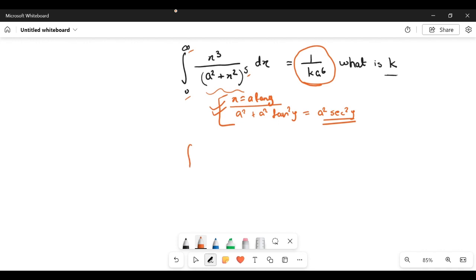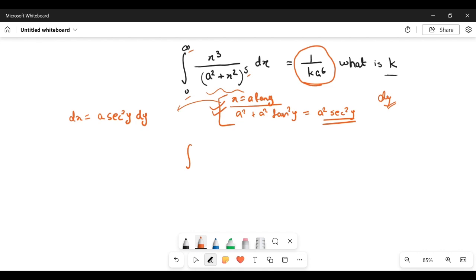So if you see the integration, since we are putting x is equal to a tan y, now we are going to evaluate with respect to dy, right? And as we know, we can write dx is equal to a into the differentiation of tan y. What is the differentiation of tan y? Come on. That is basically sec square y, and here is dy. Okay, fine.